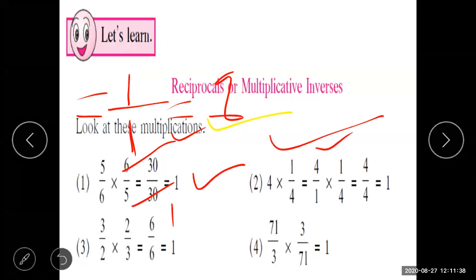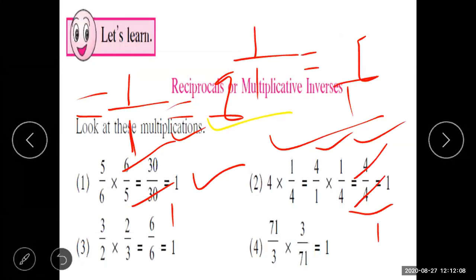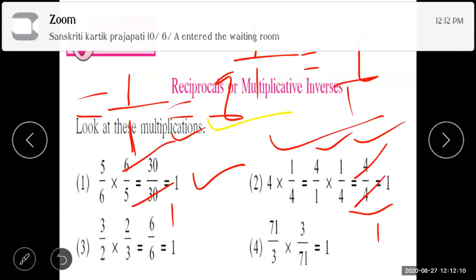So 4 upon 1 multiplied by 1 upon 4 as it is. Now 1 fours are 4 and 1 fours are 4, so 4 upon 4. This is also the same table, the 4 table. So 4 ones are 4, 4 ones are 4. We are getting 1 upon 1, that means 1 only. I hope you have understood.